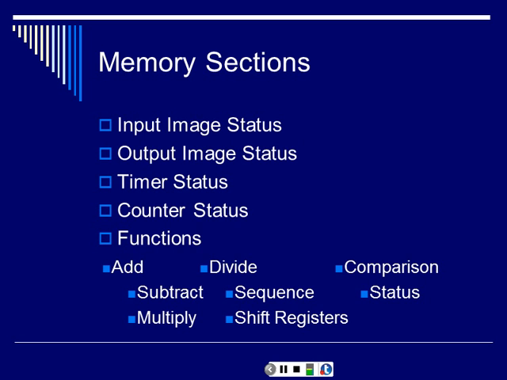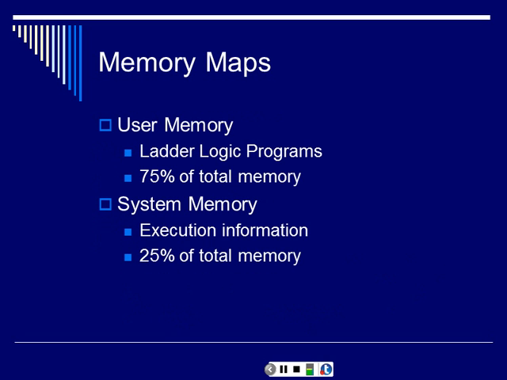The memory sections are basically the input image status, the output status, the timer status, the counter status, and all of the functions. These are part of what goes in that system memory.